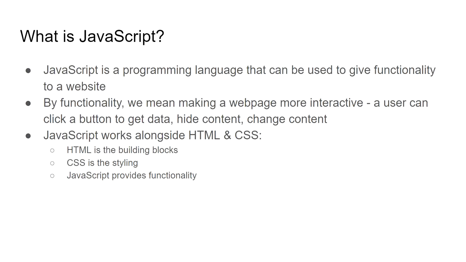HTML is the building blocks. It's the timber frames, it's the concrete. CSS is the styling, painting the walls, putting in some nice tiles, etc. But JavaScript is the functionality. That is where light switches work, where you turn on a tap and there's water. So JavaScript is a very powerful language used to power most of the current World Wide Web.